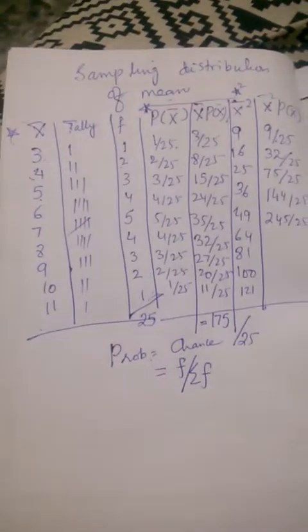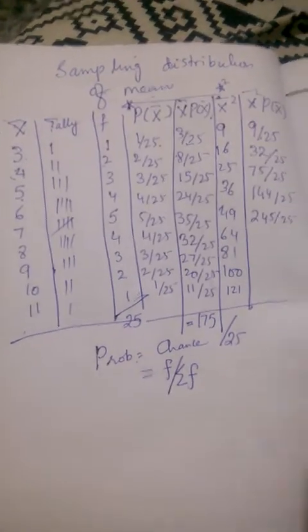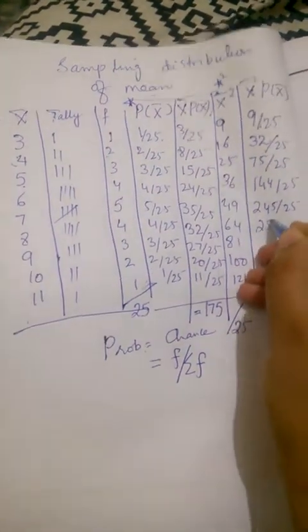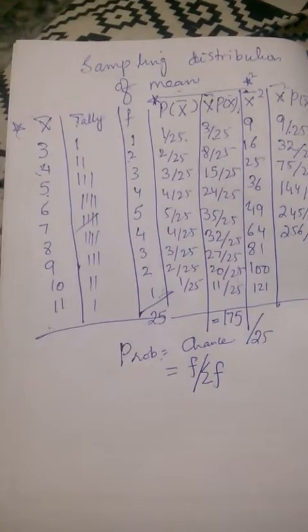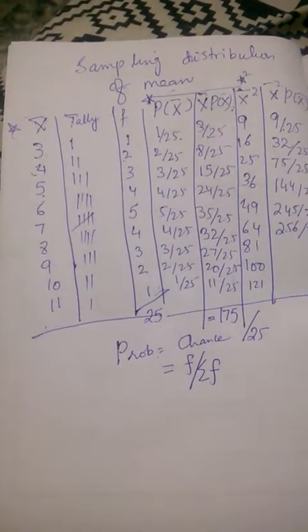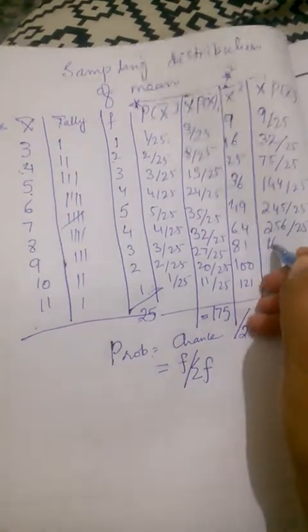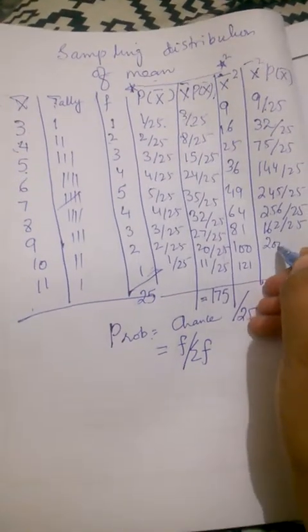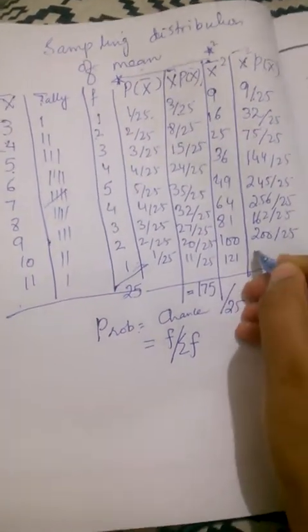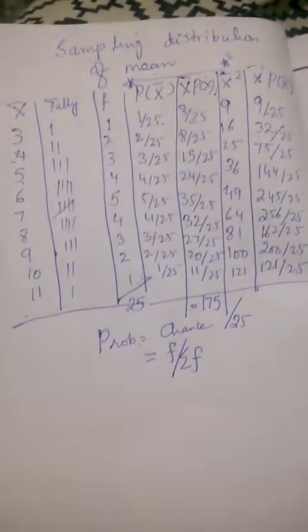Now 64 into 4, 256 by 25. 81 multiplied by 2, that is equal to 162 over 25. 100 twos are 200 over 25 and 121 ones are 121 over 25.